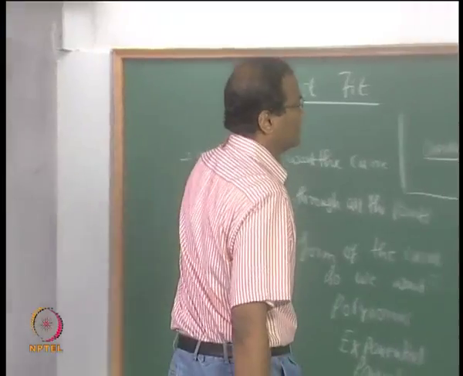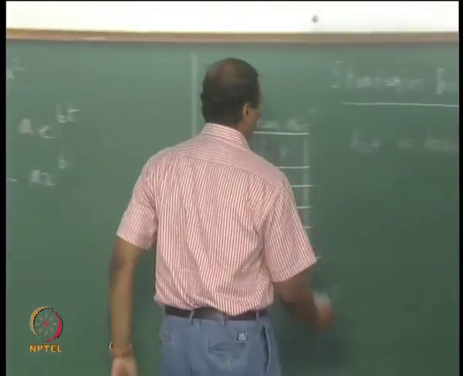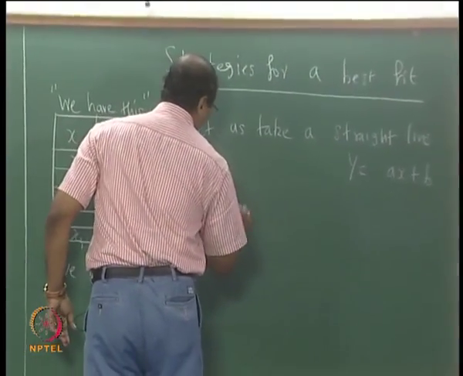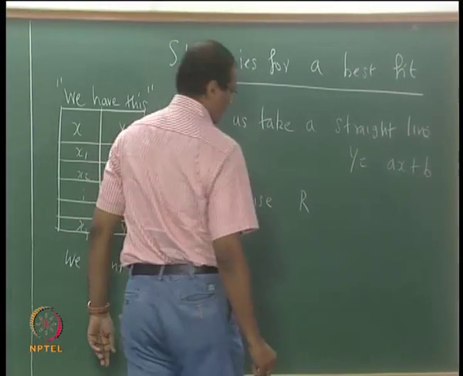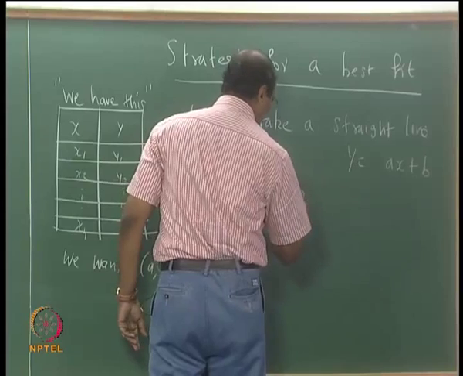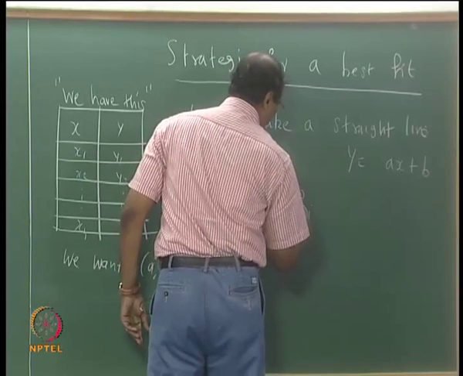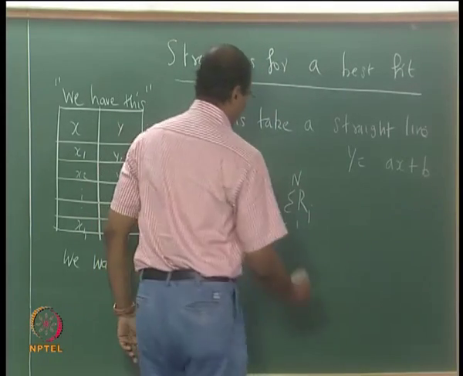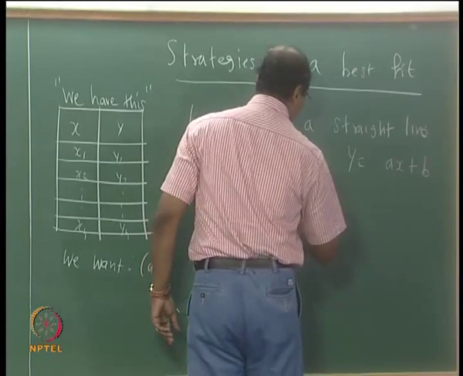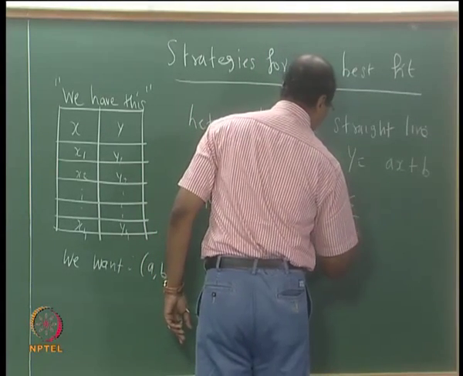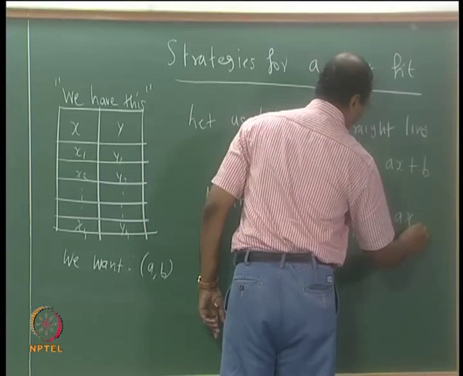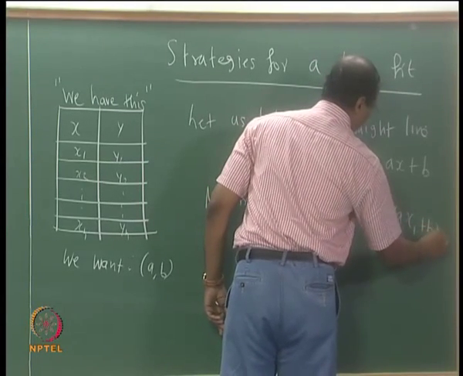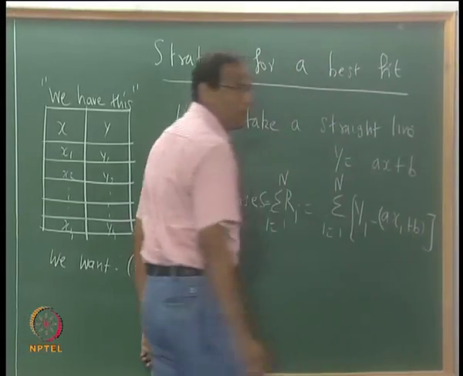Okay. So the first is minimize R, okay, rather let us call it S is equal to sigma, is that okay?